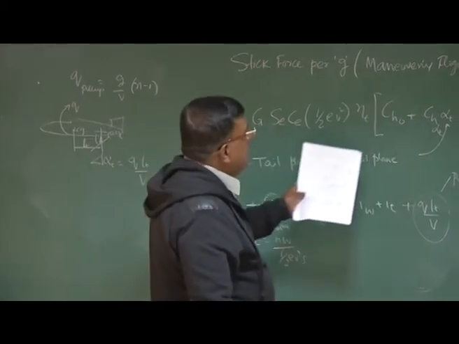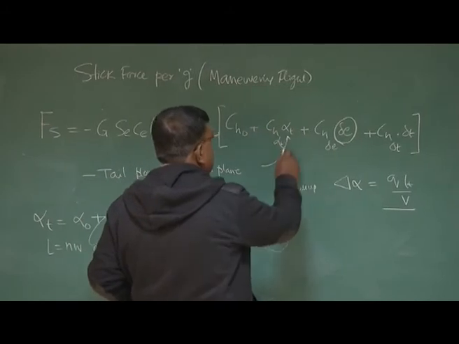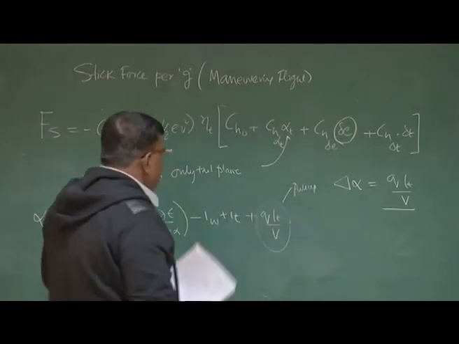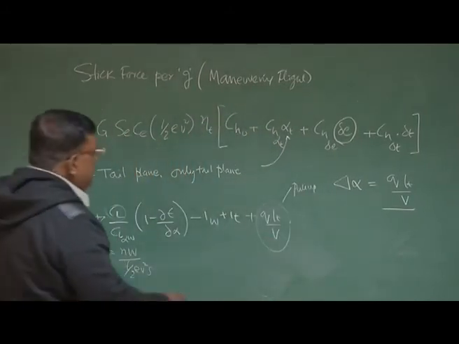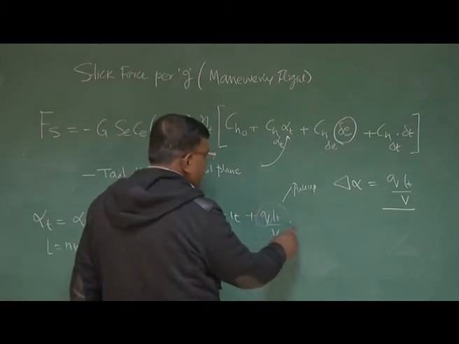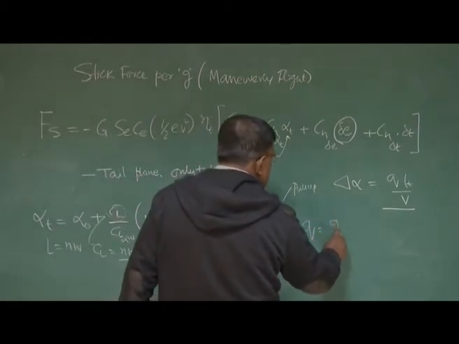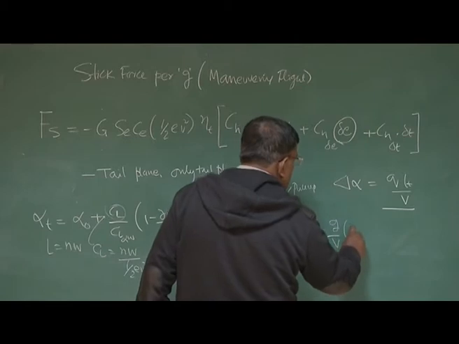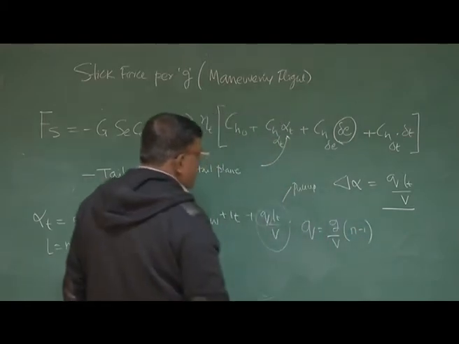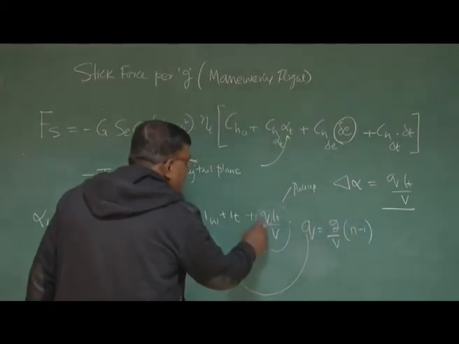Alpha t I have to put here. Put this whole expression here, but remember what you have to do? I have to replace this Q by g by V into n minus 1. So what are the steps? You take this value of Q, put it here.